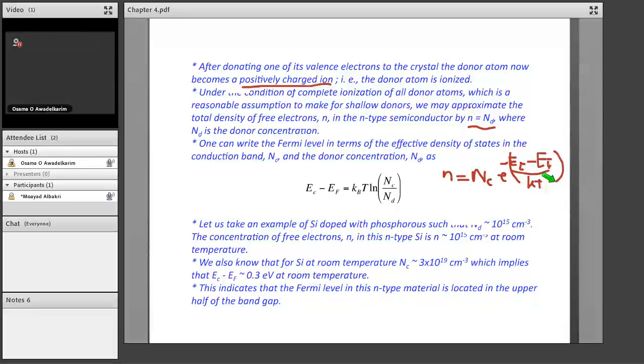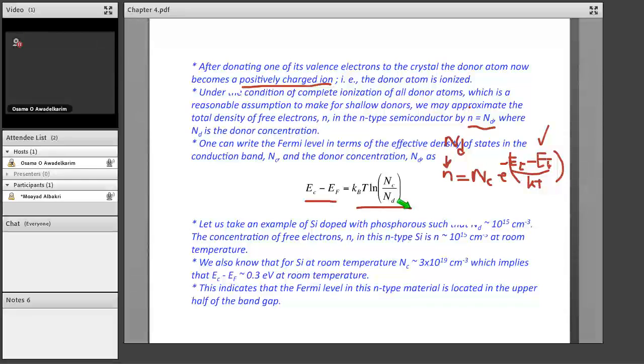Now, in an n-type semiconductor, this n is equal to the number of donors we add, Nd, and then we can find the location of the Fermi level, Ec minus Ef. So you immediately see that Ec minus Ef is equal to kBT times the logarithm of Nc over Nd.